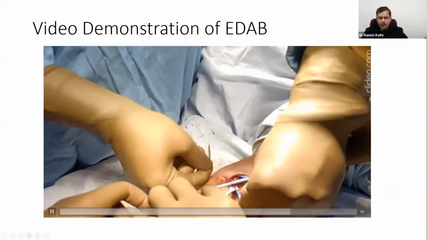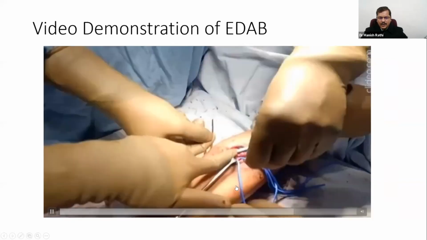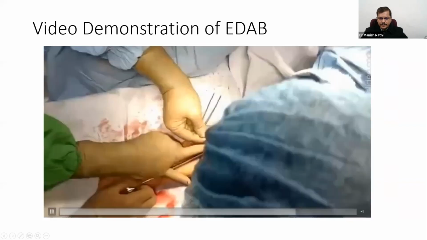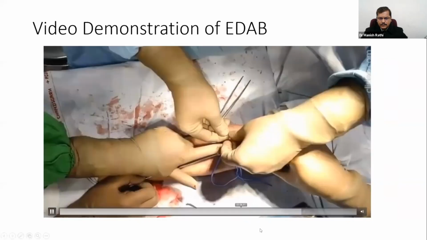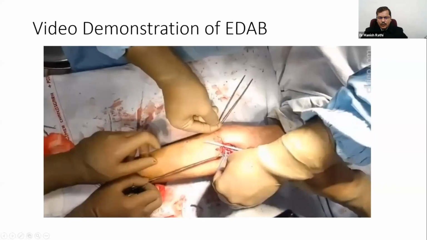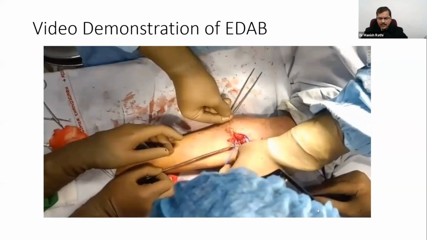Now somebody will hold this knot and I will tie another knot, and then we will remove this dilator. Then further you can put another 3 or 4 knots over it so that it stays there.